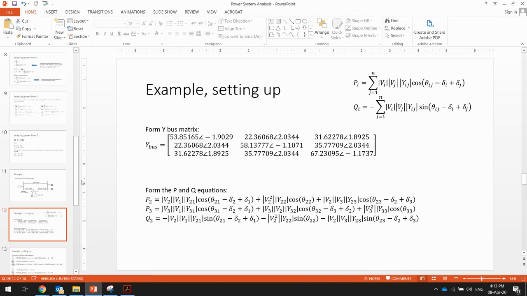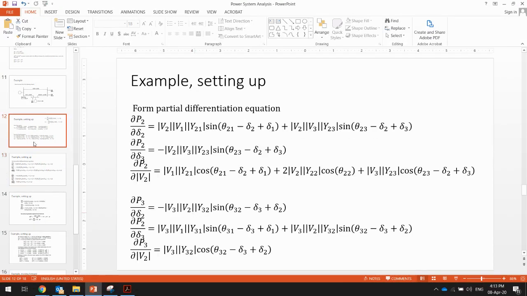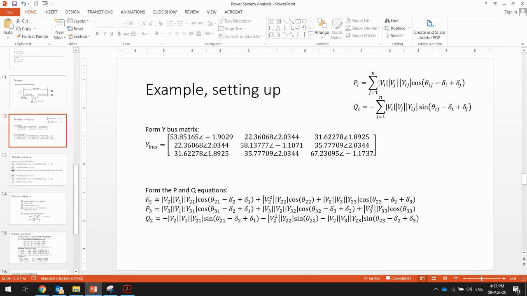And because you are able to form the power flow equations of P2, P3, and Q2, you can also determine their Jacobian equations, meaning you are able to find the partial differentiation of P2 against all the unknowns, which are V2, delta 2, and delta 3.